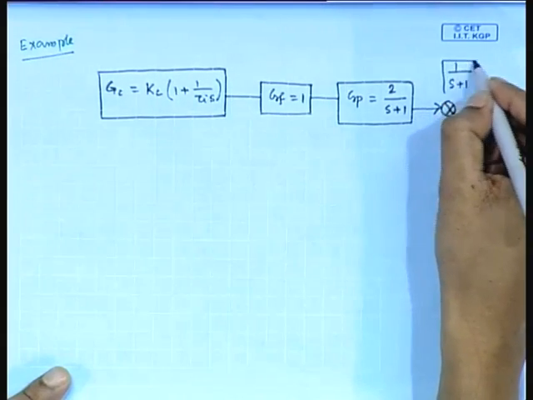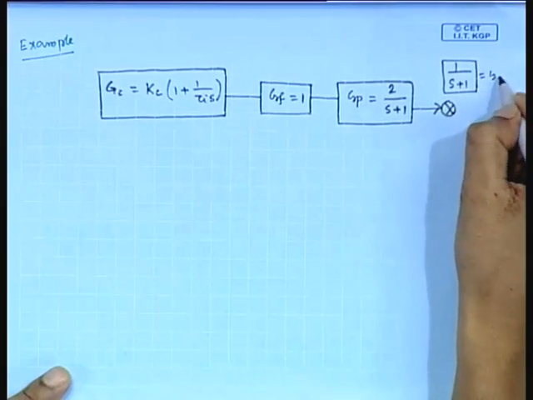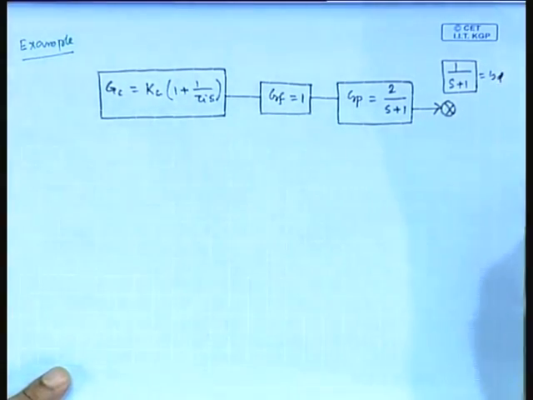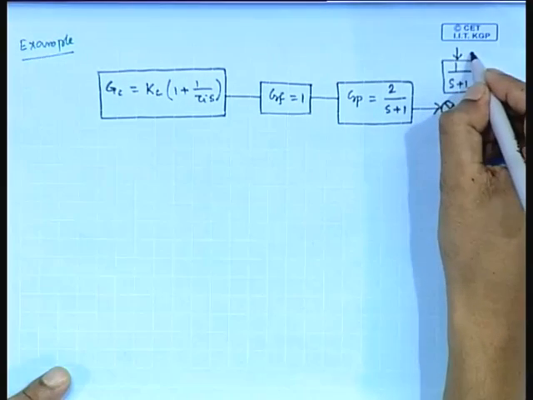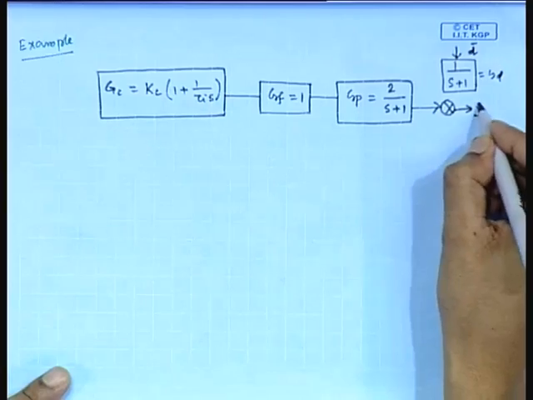This is the disturbance block, which is equal to Gd. Output is y bar.